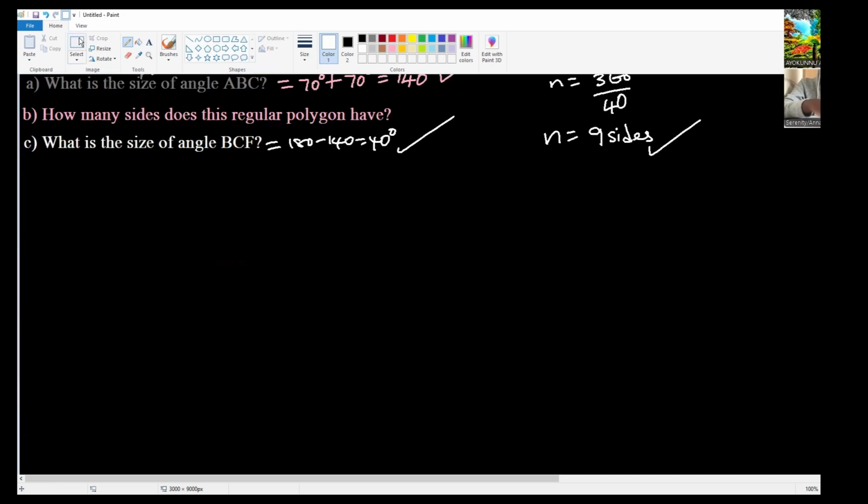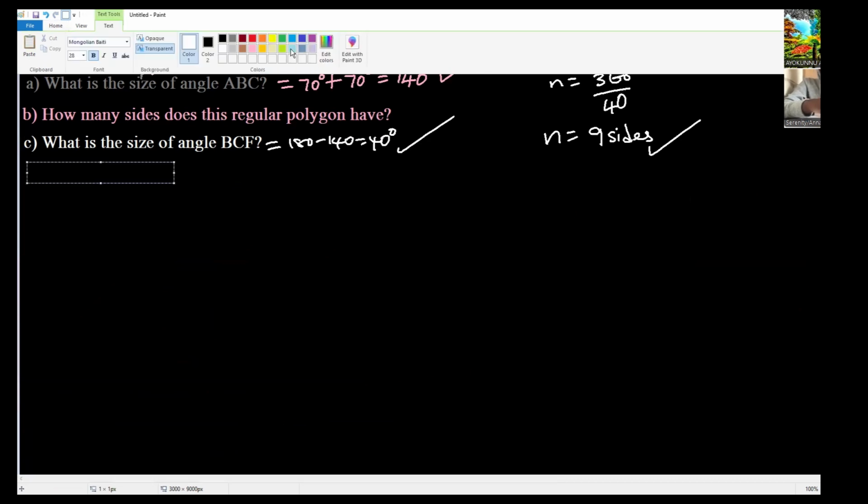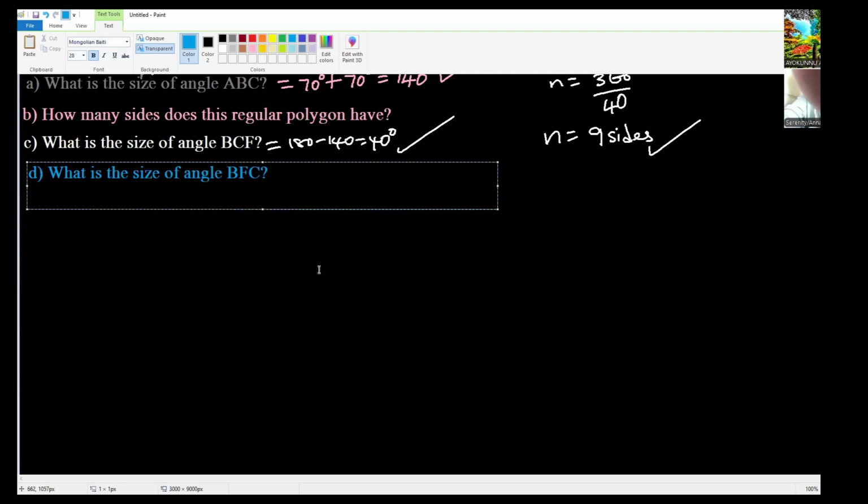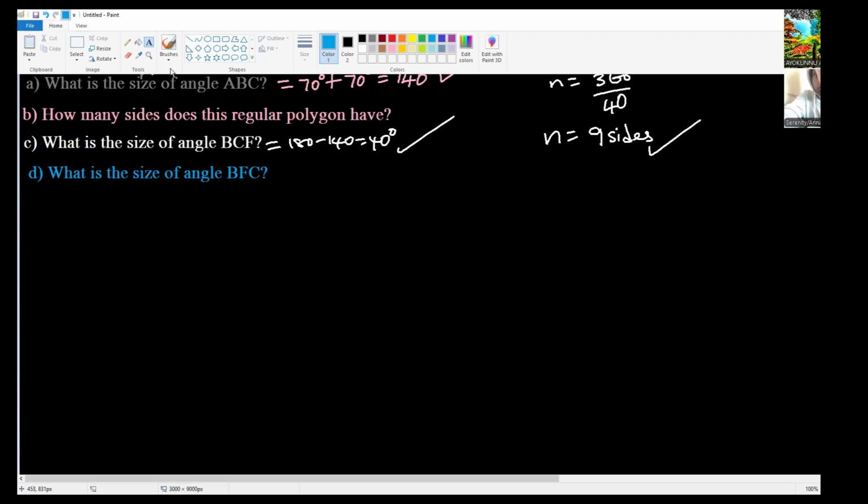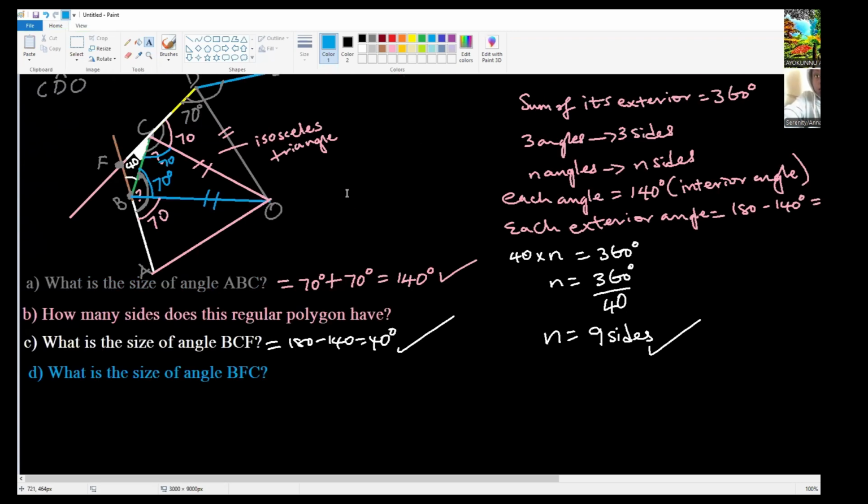What is the size of which angle? Angle BFC. So looking at BFC, which of the letters are we considering? Is it B? Is it F? Is it C? It's BFC.